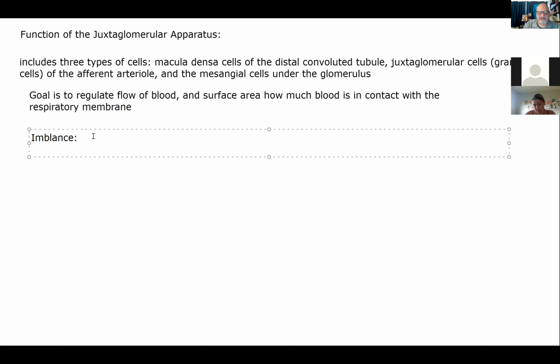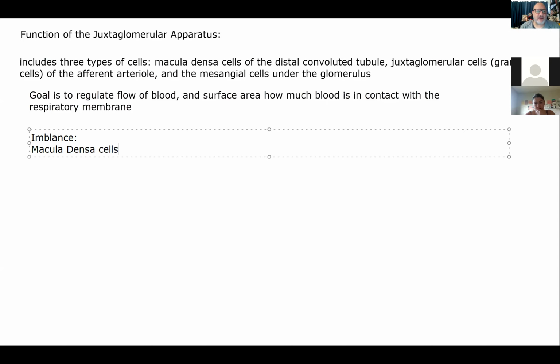But remember, the process starts with those macula densa cells, which are sensing the osmolarity and chemicals in our urine, although it's not urine yet, almost urine, in our filtrate near the end of the process in the distal convoluted tubule to see if we're over processing or under processing.